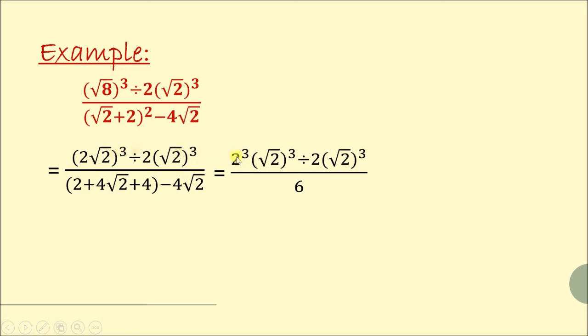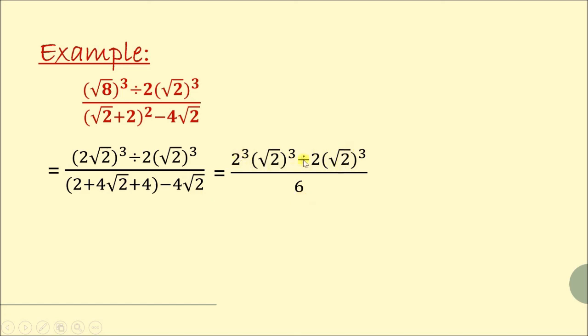So 2 to the power 3 out, because I have power 3 of the 2 also, and the square root of 2 to the power 3, and here I have 2 plus 4, it's 6, and 4 square root of 2 minus 4 square root of 2 will be equal 0.